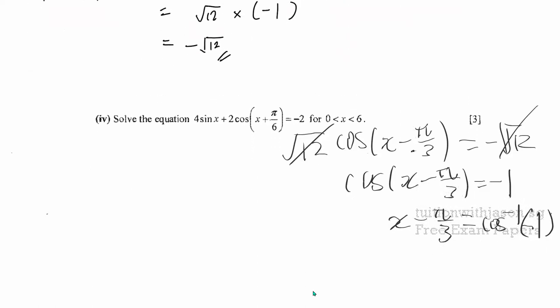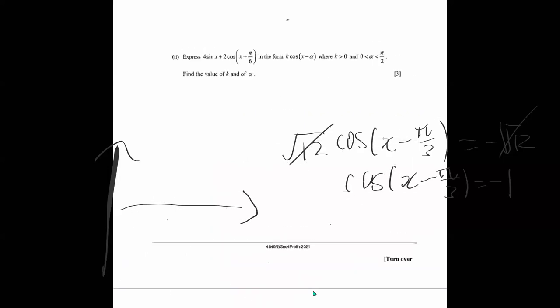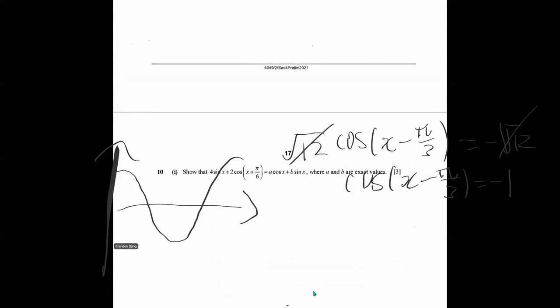No. Wait, why? Whenever the right hand side is a 1, a 0, or negative 1, I always want you to draw. Ignore the minus pi over 3, just draw cosine. Coefficient of X is 1, you can just draw the normal cosine curve. Actually, let me see what values of X they restricted it to.